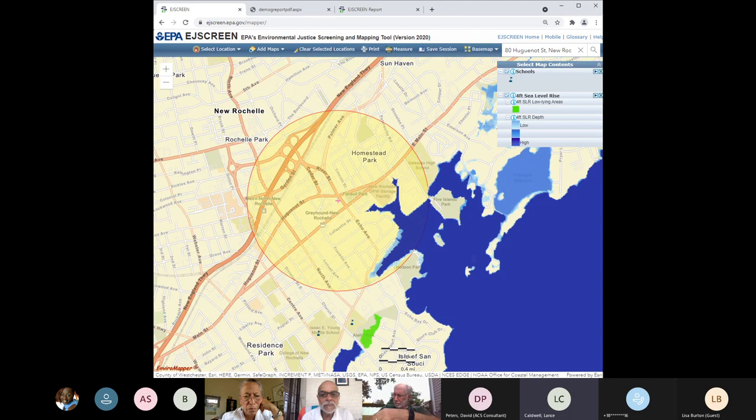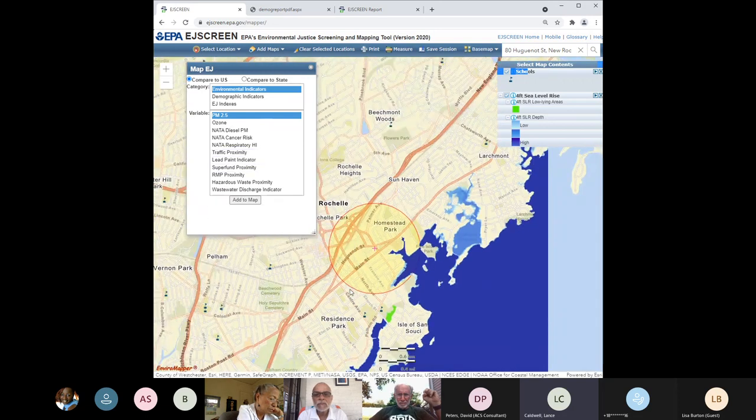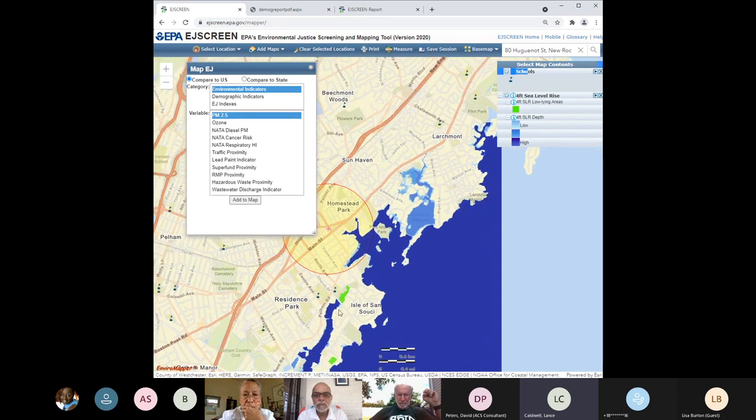But the next thing is really where the meat, for lack of a better word, of EJSCREEN is, in the EJSCREEN maps here. I really wish this would go away. We just have a daunting wall of dark blue right here coming after us.